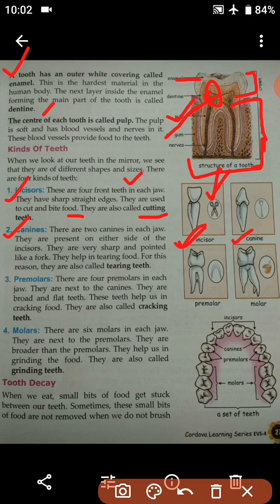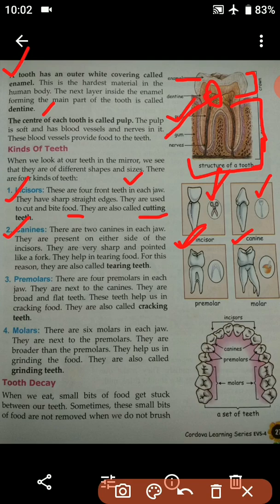Okay. They are very sharp and pointed like a fork. This is the fork, and it is compared with a fork because they are very sharp and also pointed. They help in tearing food. So students, we all know that with the help of a fork, we tear different food items.